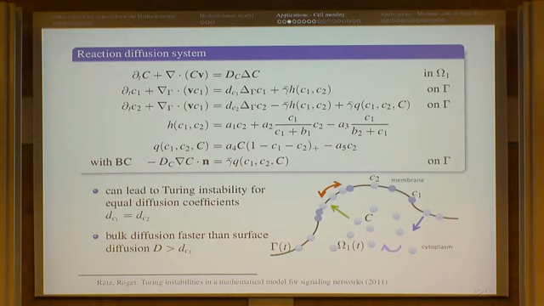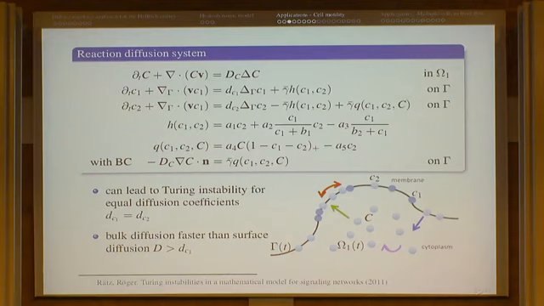And then we see here that the inactive GTPase can attach to the membrane and detach from the membrane. This is described by this term Q, which is a Langmuir adsorption-desorption law. This is then a reaction term within the equation of C2, and you see here it's also a boundary term of the bulk equation.